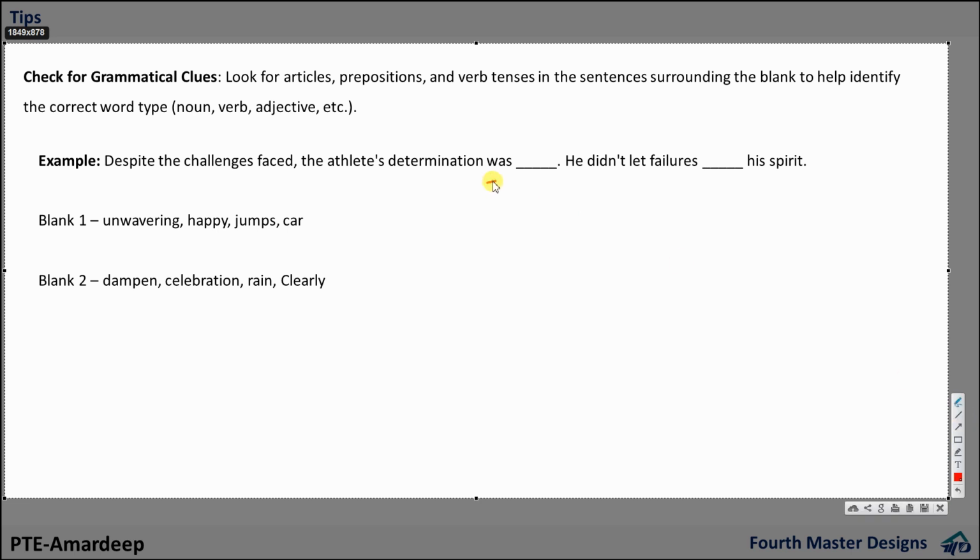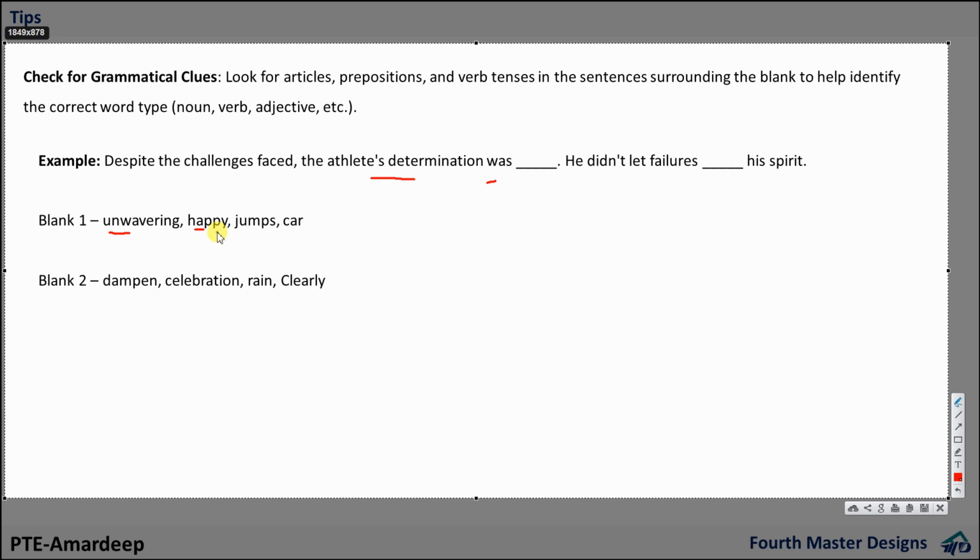Now, read all the options: unwavering, happy, jumps, and car. If you go with unwavering, what does it mean? Steady, resolute, something fixed. Now, happy: the athlete's determination was happy.